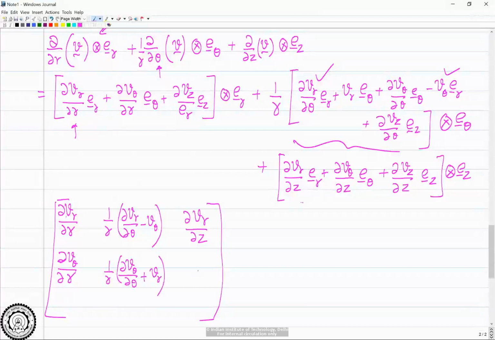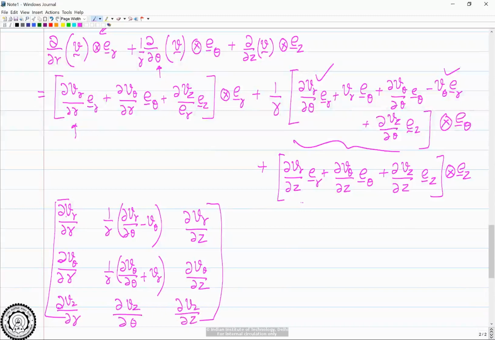Then you have E theta tensor product Ez, which is very simple, del V theta by del Z. Finally, this is Ez tensor product Er here, and that's del Vz by del r, and then Ez tensor product E theta, that's del Vz by del theta, and Ez tensor product Ez, that's del Vz by del Z.